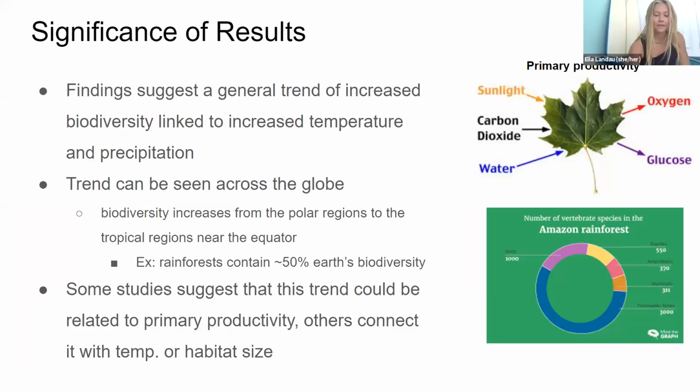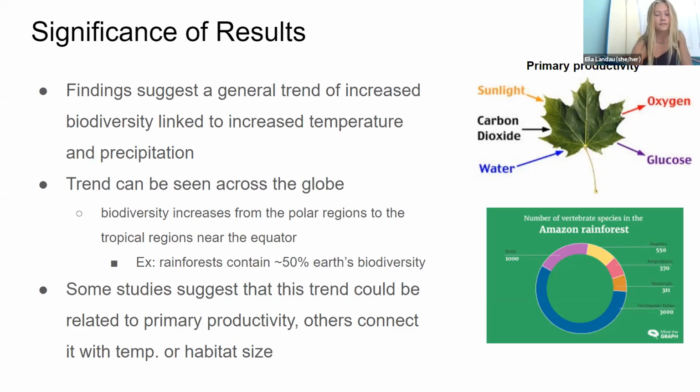Hi. So the significance of our results is that overall our findings suggested that there was a general trend which showed a link between precipitation and temperature increase and greater biodiversity. This trend is common across the globe and can be seen due to the fact that there is an increase of biodiversity shown moving from the colder polar regions to the humid tropic zones of the equatorial region.